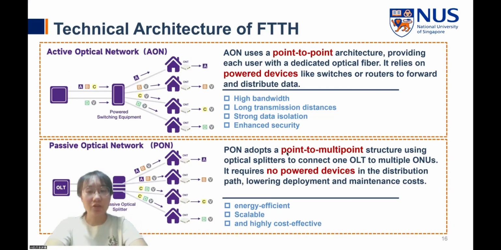Well, for FTTH, the technical architecture can be divided into two main types, which are AON and PON. AON means active optical network, and PON means passive optical network. AON is a typical point-to-point architecture shown here, where each user has a dedicated optical fiber connection, and signal transmission and distribution are handled by intermediate active devices, such as routers, switches, or aggregators.